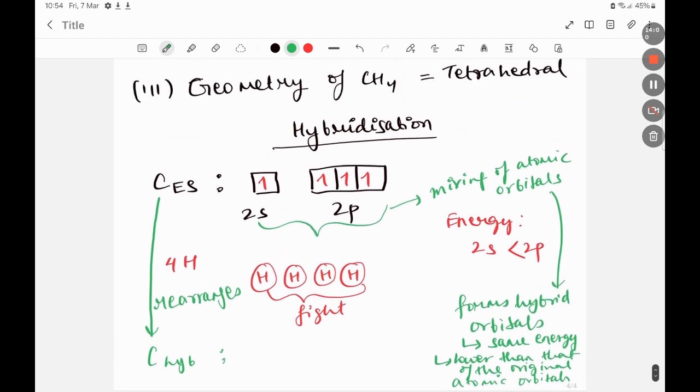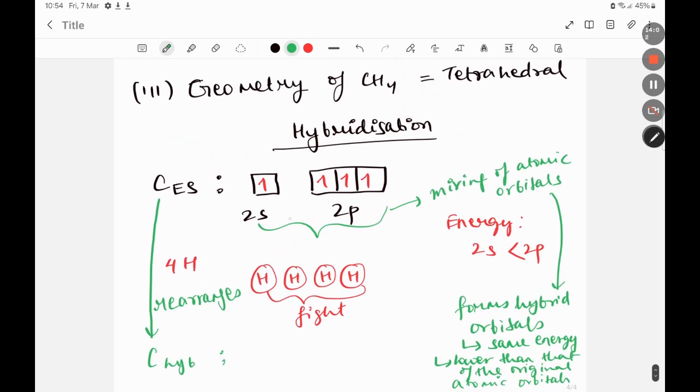Okay, so the mixing of these atomic orbitals, 1 s and 3 p orbitals, takes place to form hybrid orbitals, and the hybrid orbitals are 4 in number because we have 1 s orbital and 3 2p orbitals. Okay, so we have 4 hybrid orbitals. The 4 hybrid orbitals thus formed all have the same energy, and their energy is lower than that of the original atomic orbitals.